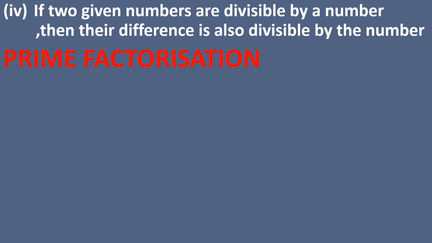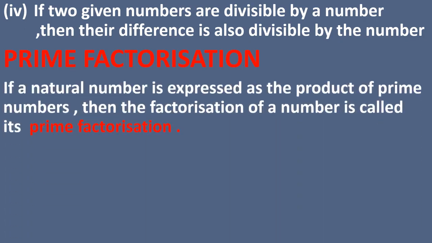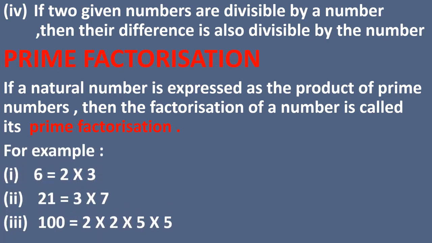After that, we have done the prime factorization method. If a natural number is expressed as the product of prime numbers, then that is called its prime factorization. See the example. 6 is expressed as 2 multiplied by 3.